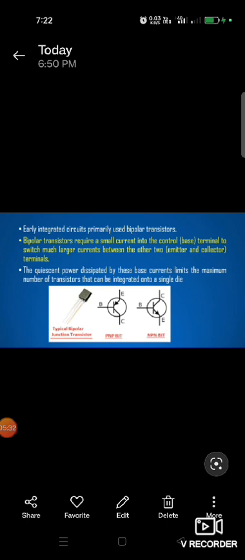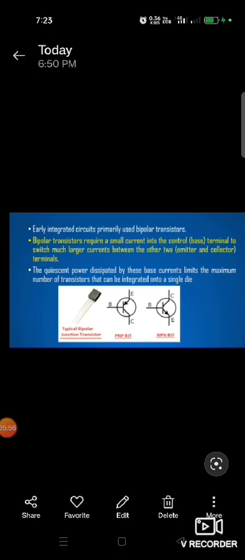And the next one, we are going to see about early integrated circuits. Primarily, only BJTs, that is bipolar junction transistors, were used. In bipolar junction transistors, only a small current into the control, that is the base terminal, is required to switch a much larger current between the other two terminals, that is the emitter and the collector terminals.